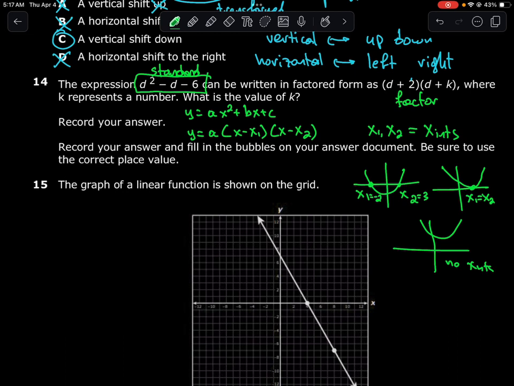But now I know what the factor form is. It's going to be this one. A, what do I put for A? Well, what are my A, B, and C? I'll figure it out in a little bit, but I know based on those x-intercepts that we're going to have x minus x1, where x1 is -2, so it's minus minus 2, and x minus x2, where x2 is 3.